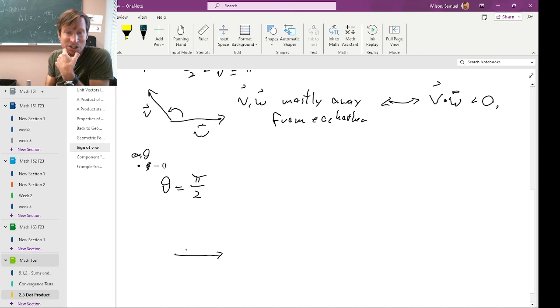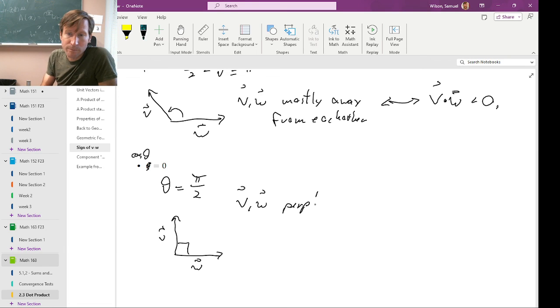So in this situation, the angle between v and w is exactly a right angle. So in this case, v and w are perpendicular. When we're talking about vectors, for some reason the word orthogonal gets used instead of perpendicular. It means the same thing. Orthogonal just means perpendicular.